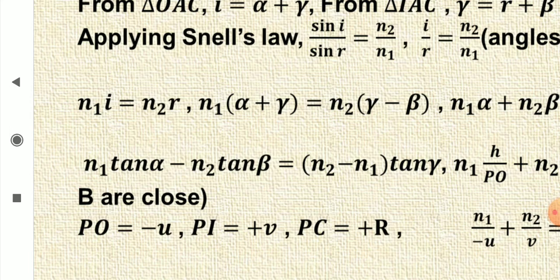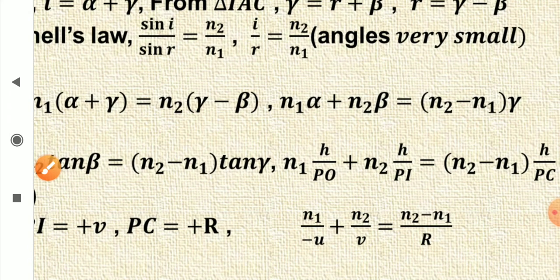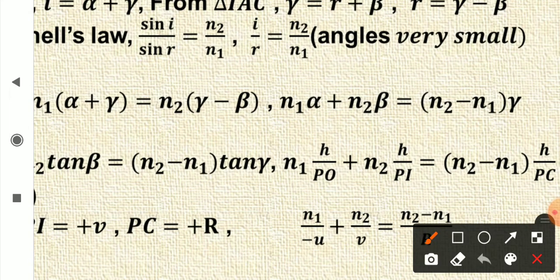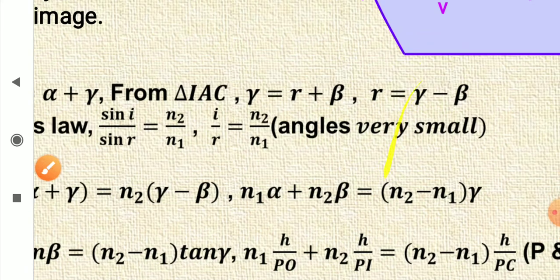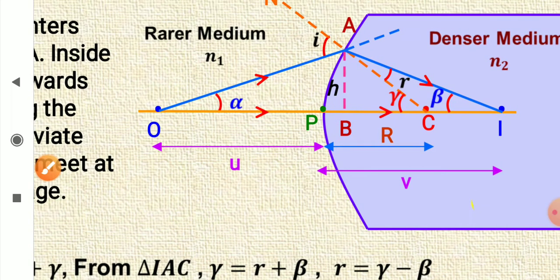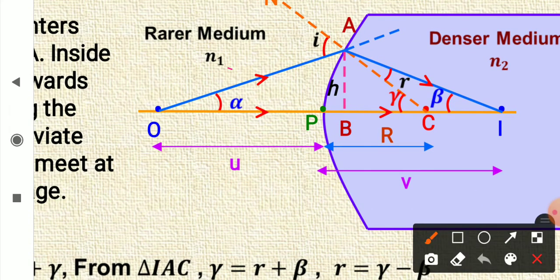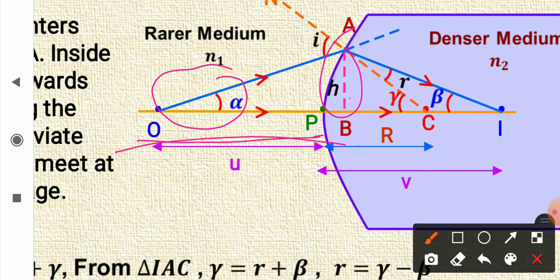And from here, if you look at the diagram, tan alpha is altitude or height h upon base BO, but P and B are very close because the angles are very small.